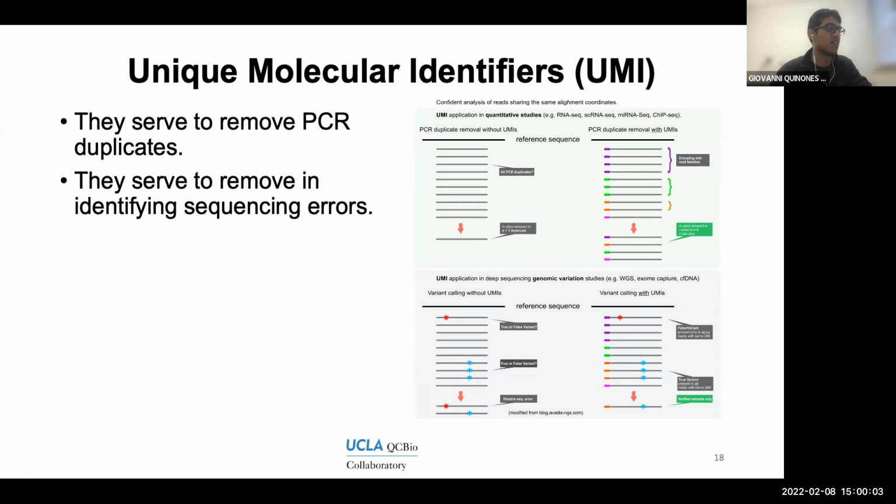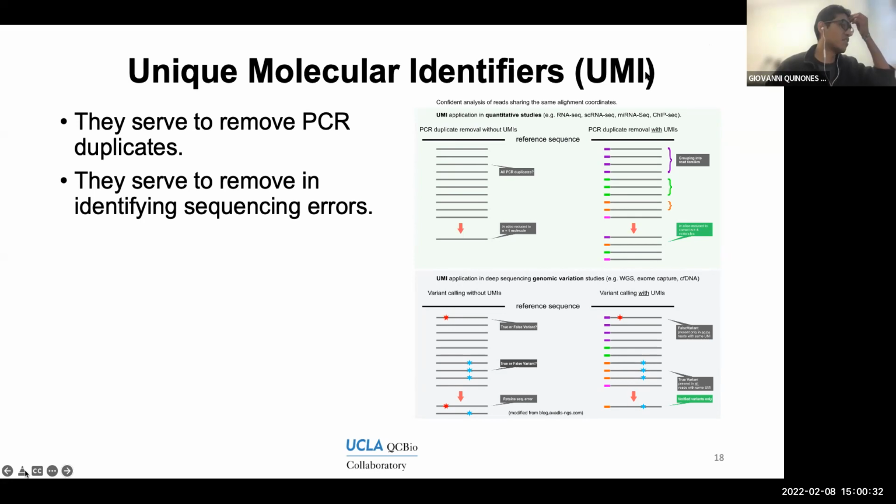That is a problem, because the number of reads is how we know the expression of a particular gene. If a molecule has been overrepresented in the reads, then we're artificially inflating this expression value, which is not a biological signal, it's a technical artifact.